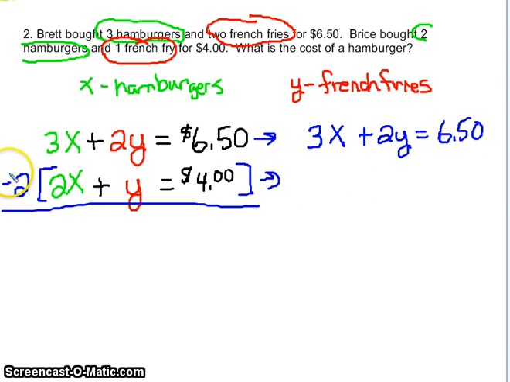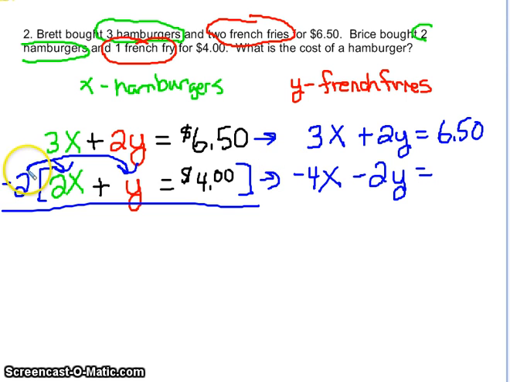I have -2 times 2x, which is -4x, -2 times y, which is -2y, and -2 times 4 is -8.